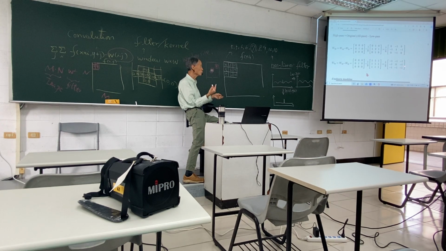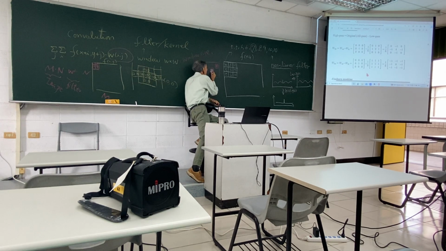So when you do the subtraction, the value will be 0. And what will be non-zero? Only around the edges. So after you apply the Laplacian, this could be the result.